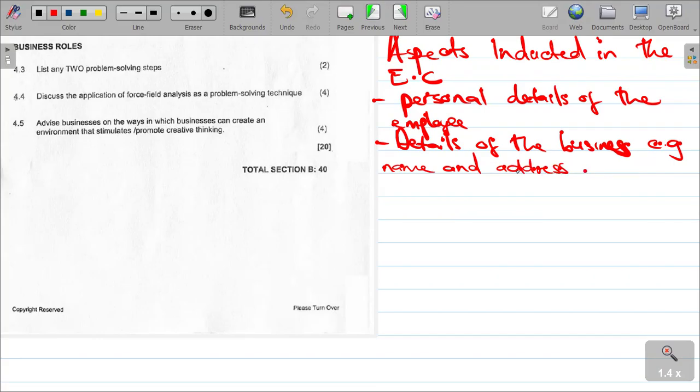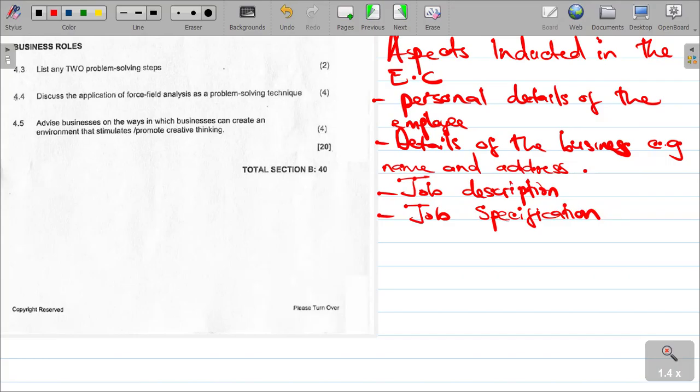Three, the job description. Four, job specification. Five, the benefits that the employee will receive. Six, the compensation. How much is the employee going to earn per month?